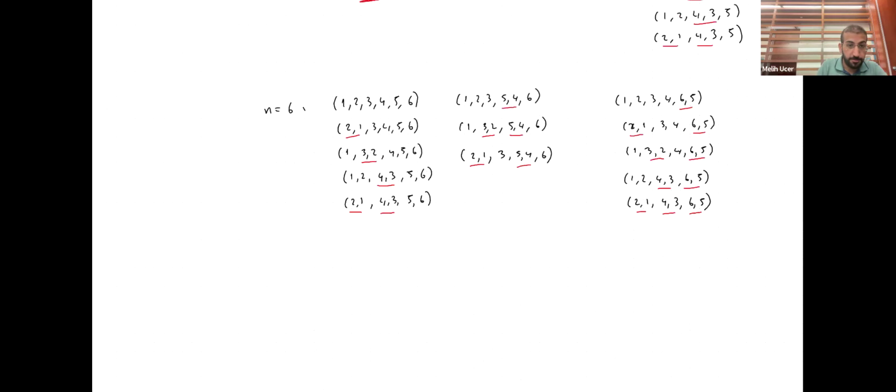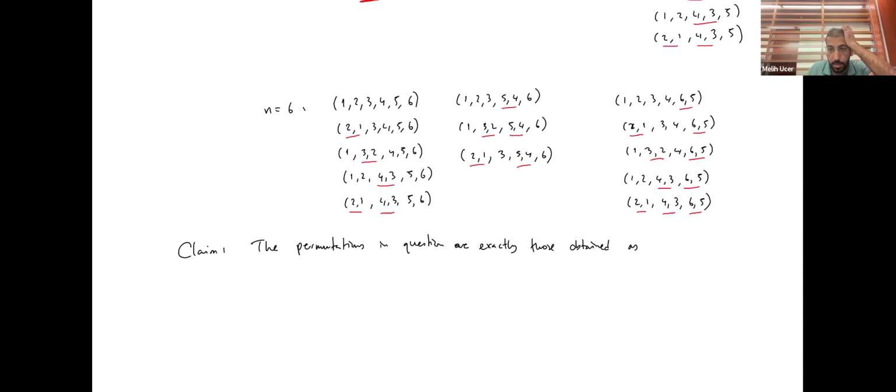Here is our claim. Claim: the permutations in question are exactly those obtained by swapping several non-intersecting consecutive pairs.